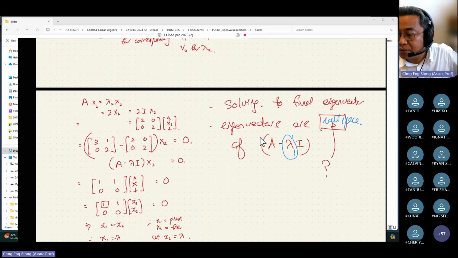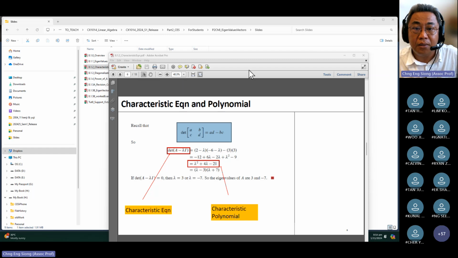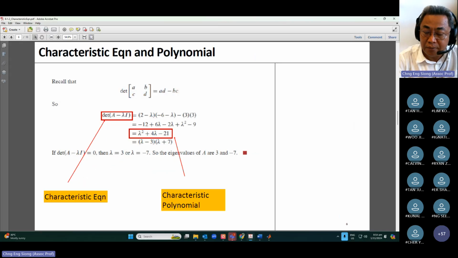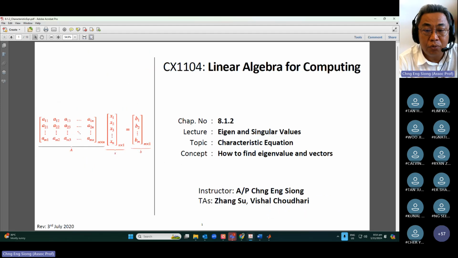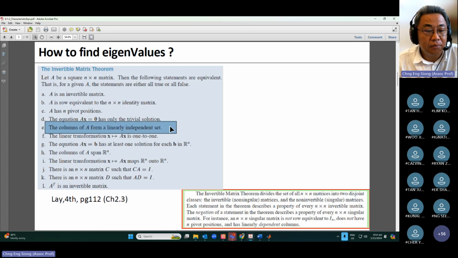I'm done. Okay. Now, let me just go through the slides. Where are we now? We're at 8.1.2, and here are the things that I've gone through. Just now I told you about the determinant. If it is invertible, the columns must form a linearly independent set.